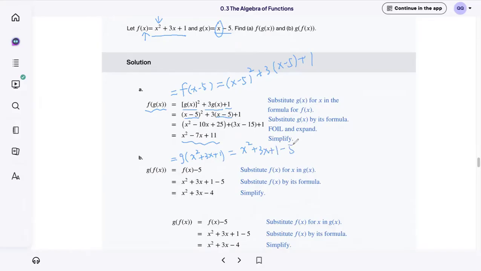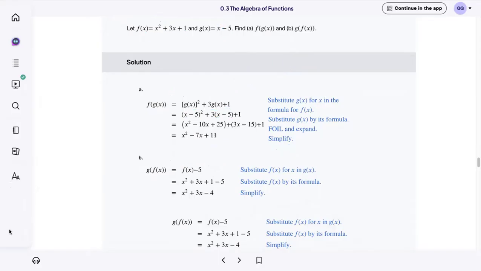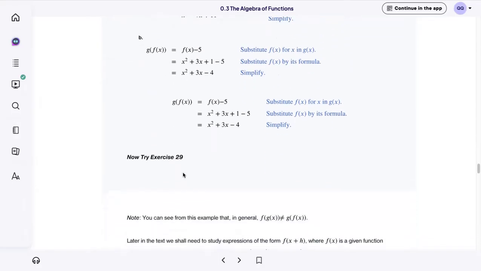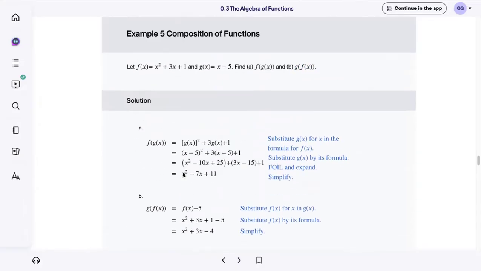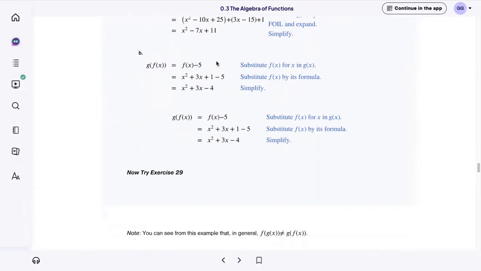Then minus 5. That's it. Then simplify it. Okay, that's the composition of functions. Make sure you understand the concept.